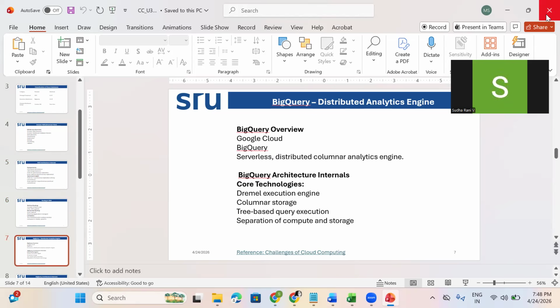Next, BigQuery. BigQuery is used as a distributed analytics engine. BigQuery is in Google Cloud. BigQuery is a serverless distributed columnar analytics engine. BigQuery architecture internals, core technologies: Dremel execution engine, columnar storage, tree-based query execution, separation of compute and storage.